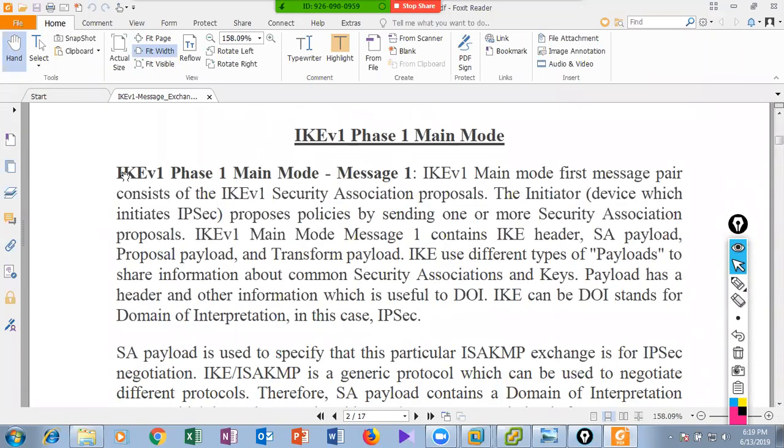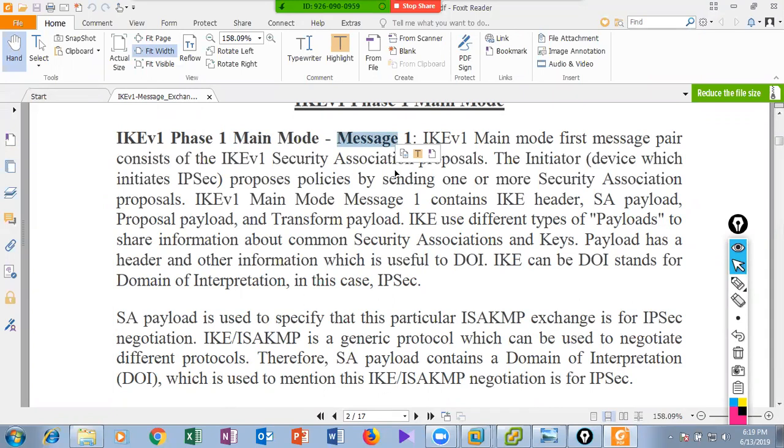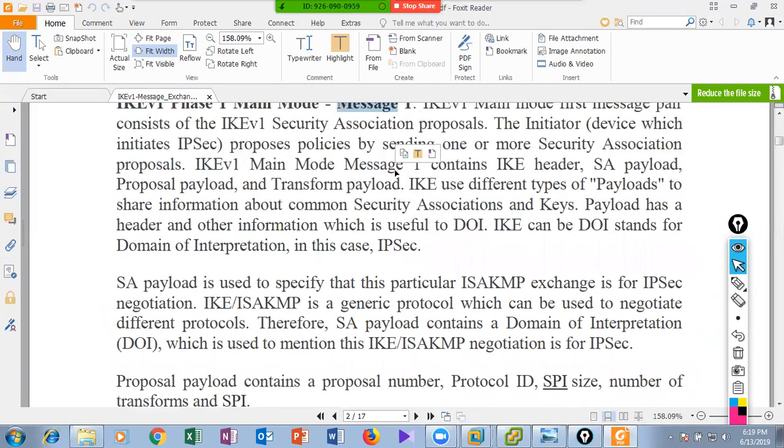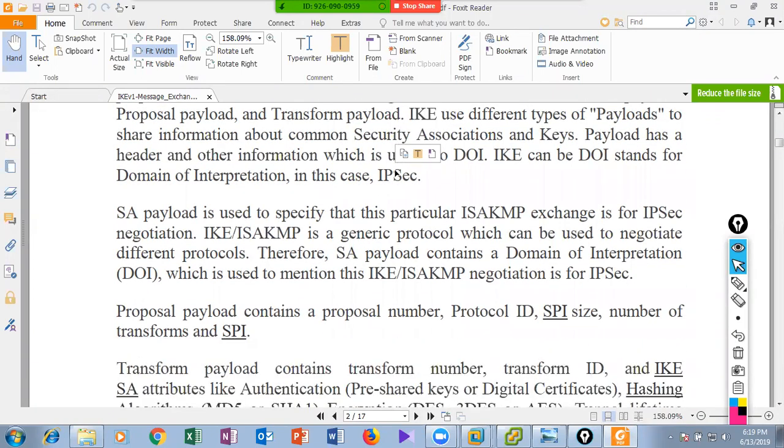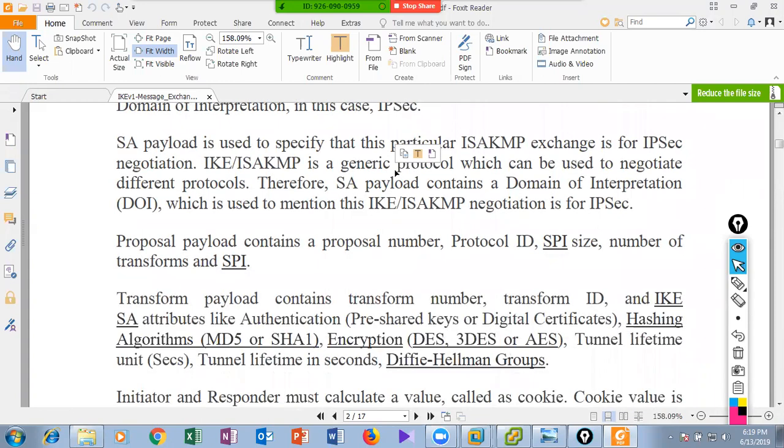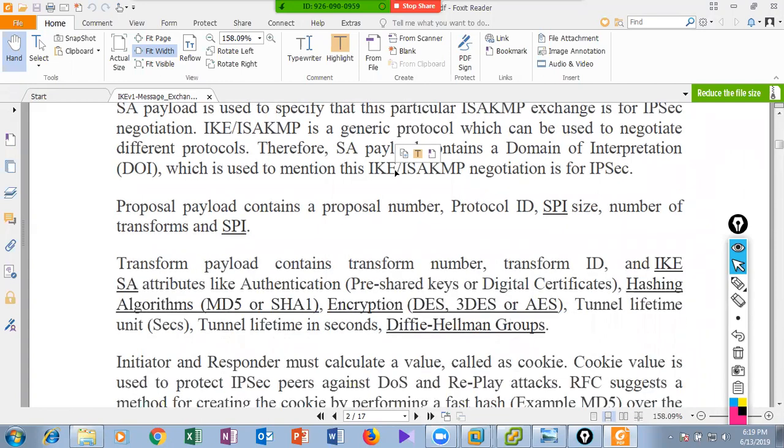This is your IKEv1 phase 1 main mode message number 1. What do we see here? In main mode, message exchange means the first message exchange. What happens? The transform payload contains the transform number, transform ID, and the IKE SA attributes.